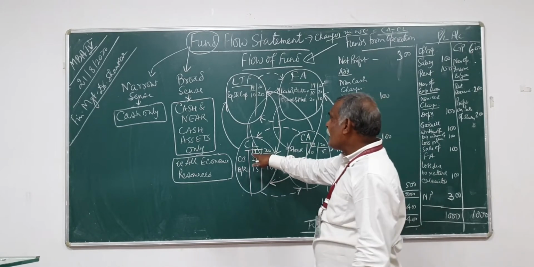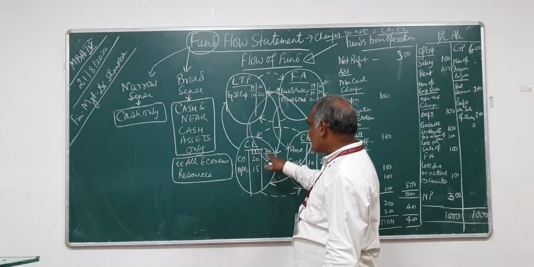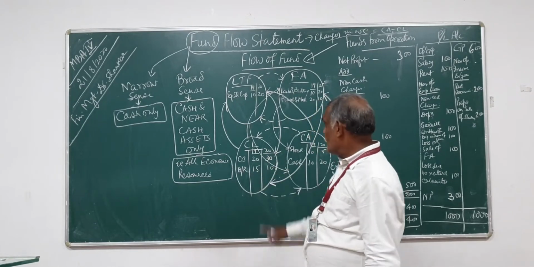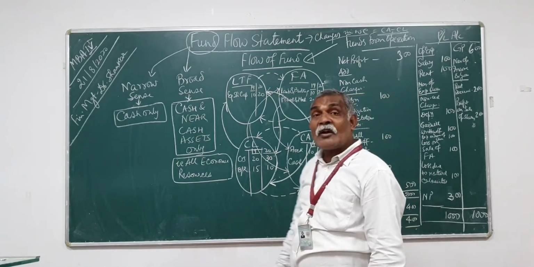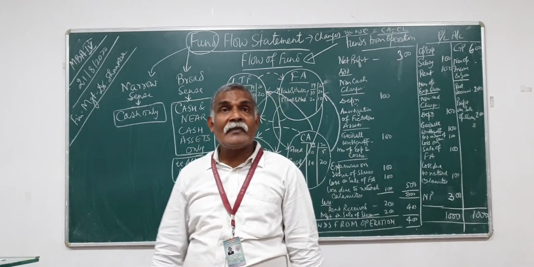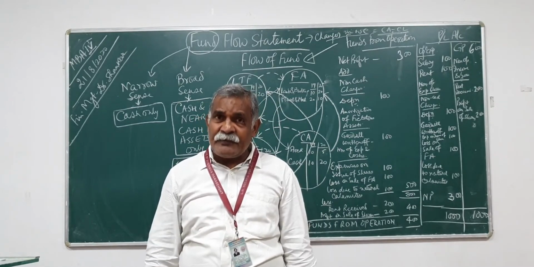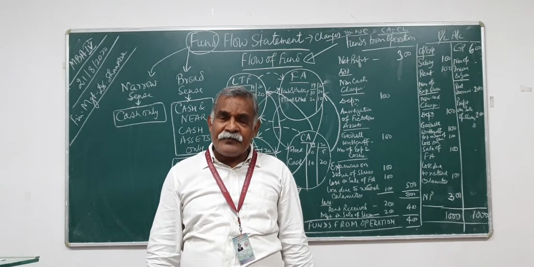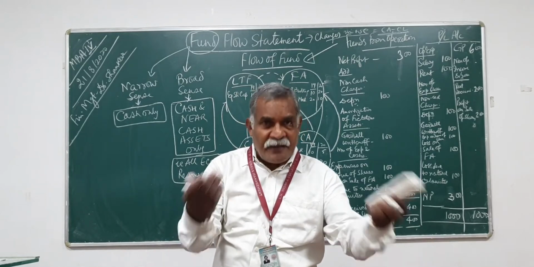Now you see, in 2019 creditors is 20 and in 2020 is 30, bills receivable is 15 and 10. Current stock is decreasing. Stock decreasing means cash is coming inside the business. Stock decreasing means we may sell the stock and we'll get the cash.